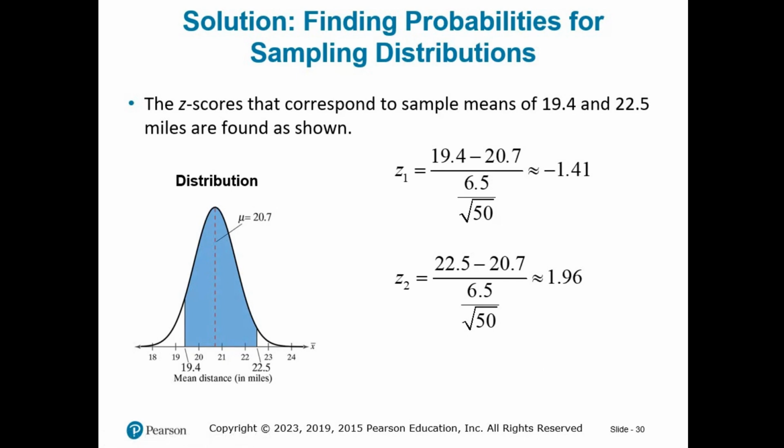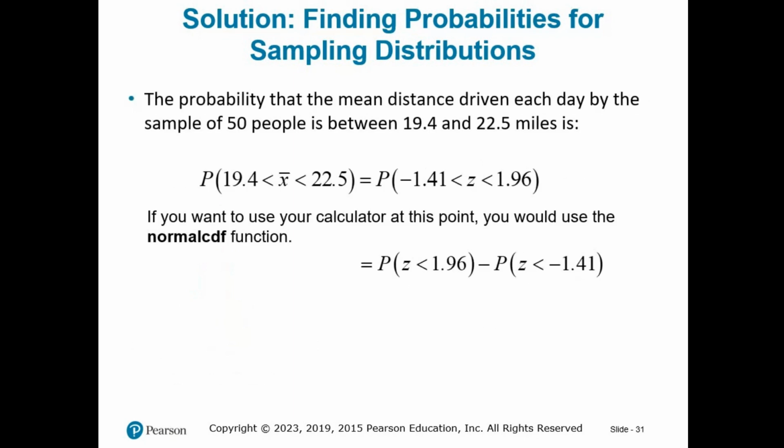So this is handled by finding the difference between them and using the normal CDF function on your calculator. Pause the video and find your notes for that function and do that calculation now, using negative 1.41 as your lower bound and 1.96 as your upper bound.